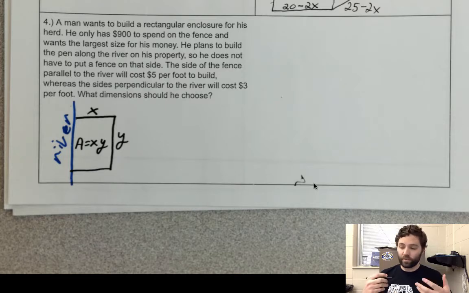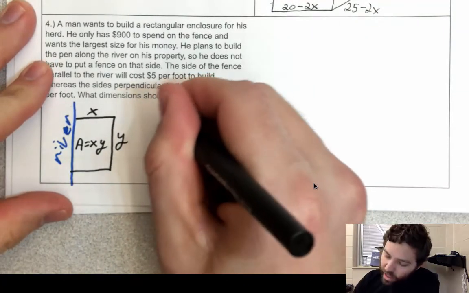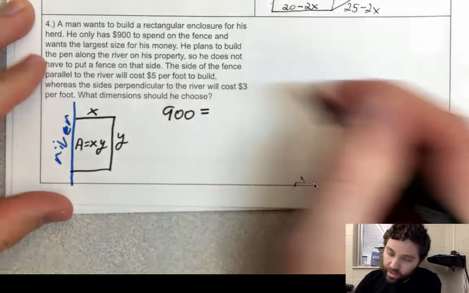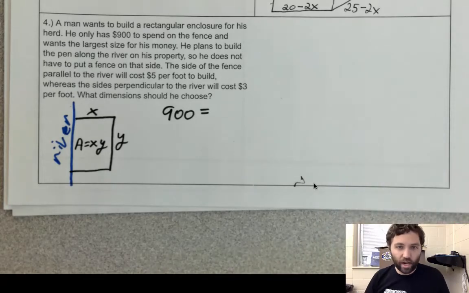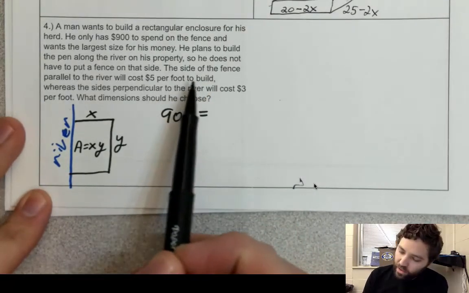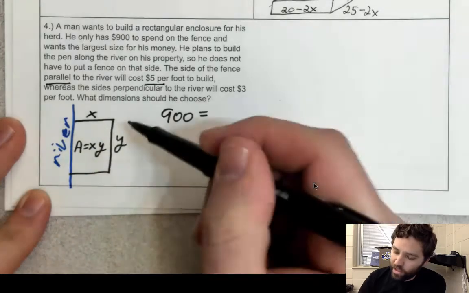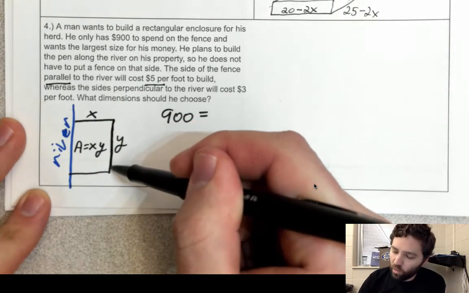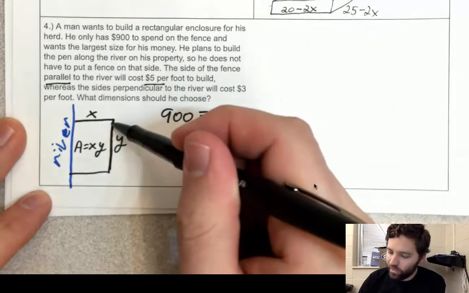It's going to be cost. We know that $900 is as much as we can spend, and let's just assume that we want to spend every penny of it. So $900 is going to be equal to the cost of the fence. Well, how much does it cost to build the parallel side? Parallel to the river costs $5 per foot. How much fence is over there? y feet. Are we in feet? Yes, y feet is going to be over there.